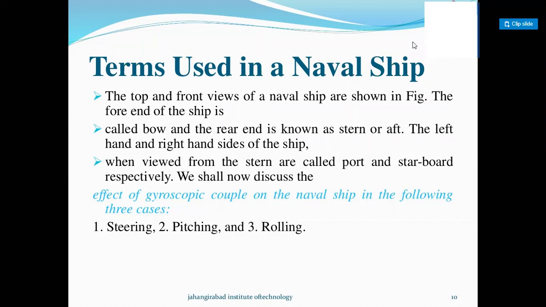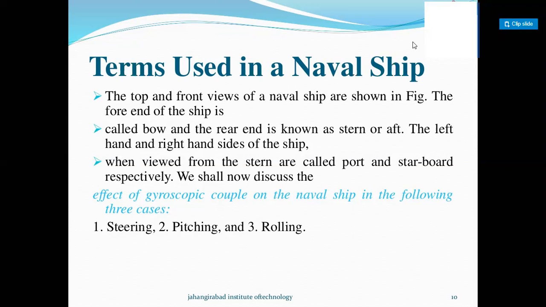A ship, while navigating in rough sea, may experience three different kinds of motion: steering, pitching, and rolling. In the top and front view of a naval ship, the fore end of the ship is called the bow, and the rear end is known as the stern.